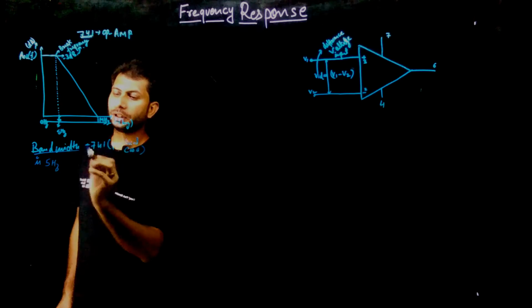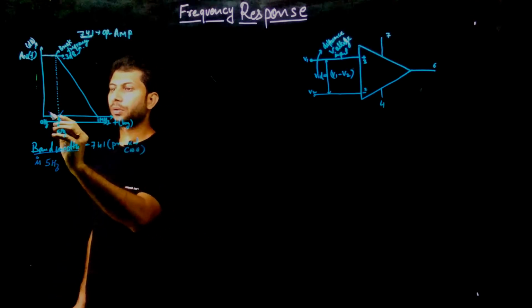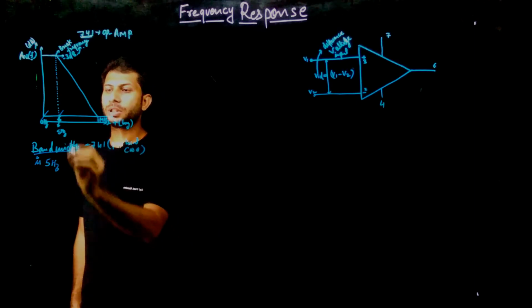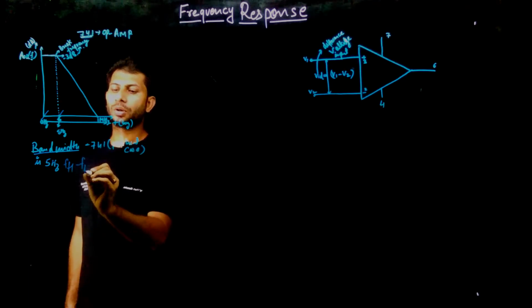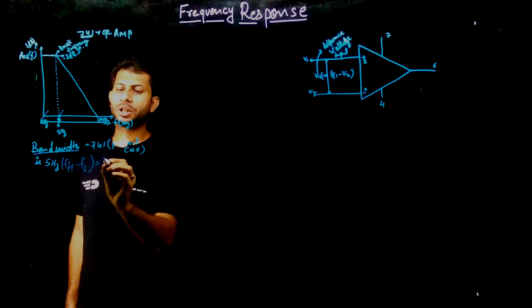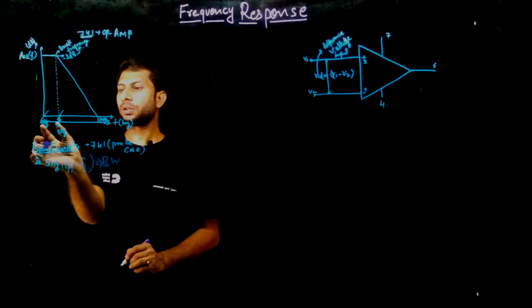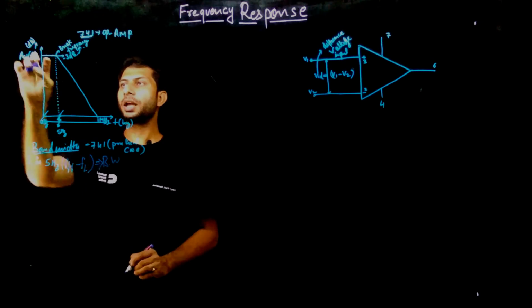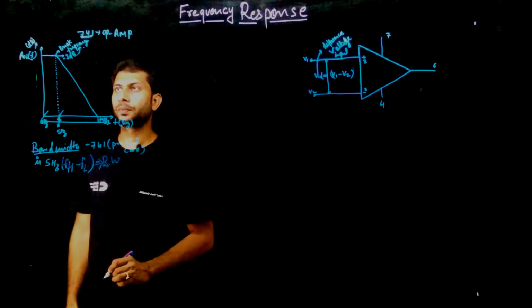Now how can we define the bandwidth? The range of frequency, that means higher frequency minus lower frequency, is known as bandwidth, where the mid-range will give you the constant amplitude of your circuit.